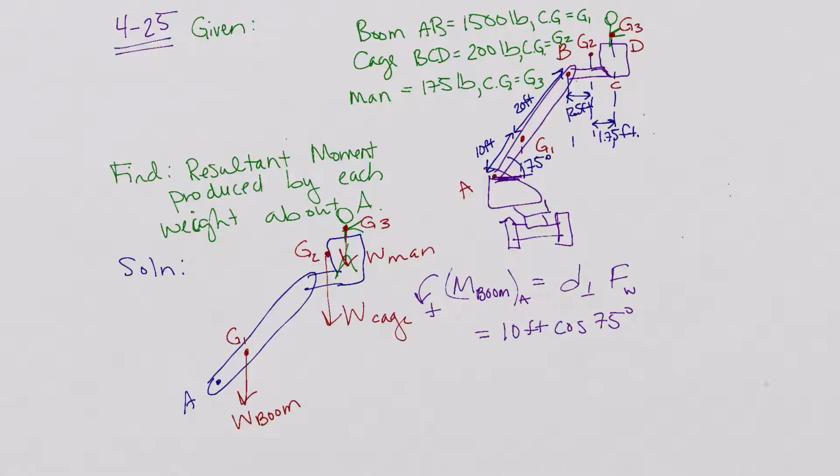So the boom was 1,500 pounds. And look at our free body diagram. If we take our fingers from A to G1, our hand, and then we do our fingers down in the direction of the force, that actually is going into the board.